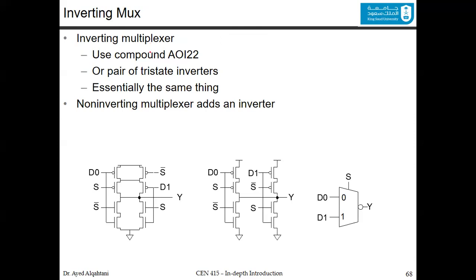For the inverting mux, you apply the function as you studied. The multiplexing Y is equal to S D1 or S bar D0.